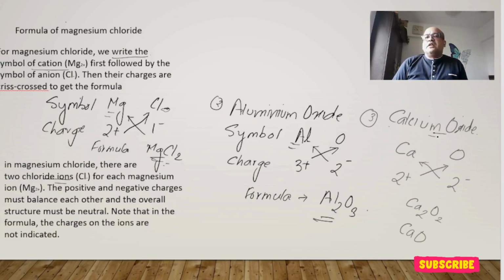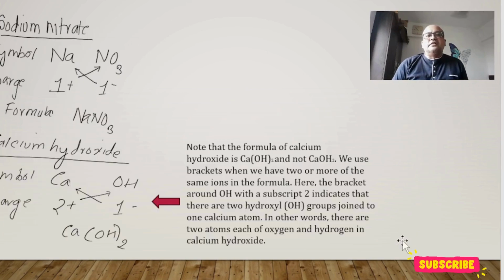Let us talk about calcium oxide. See here, we have written the symbols, right? Calcium and oxide here. Here the 2 plus charge is there for calcium, 2 minus for oxygen. So what we are getting is Ca2O2. Now these two are common, so we can write calcium oxide like this, CaO.